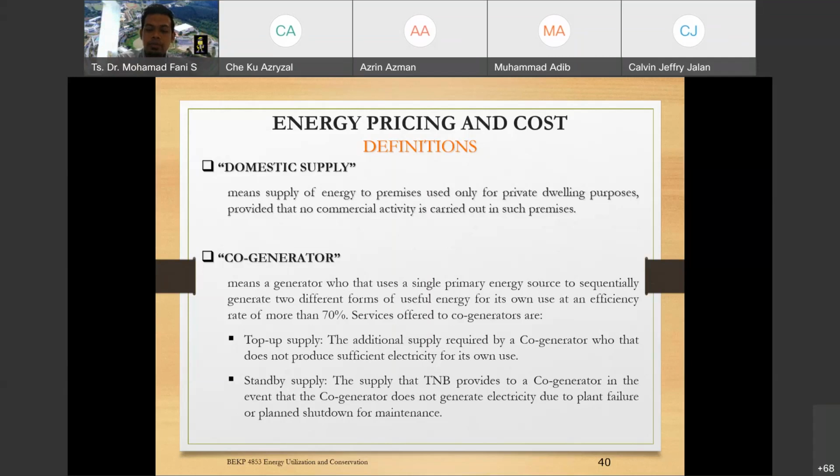And at that time, they call TNB, and TNB will provide the additional co-generator, especially the genset, etc. So TNB will charge the consumer based on the special rate of the electricity price. Okay, that one is the top-up and standby supply.